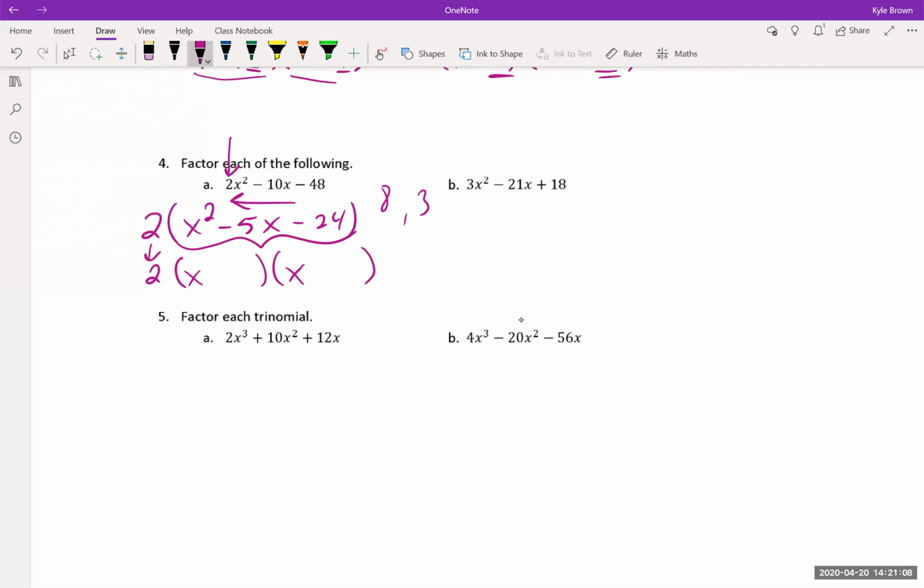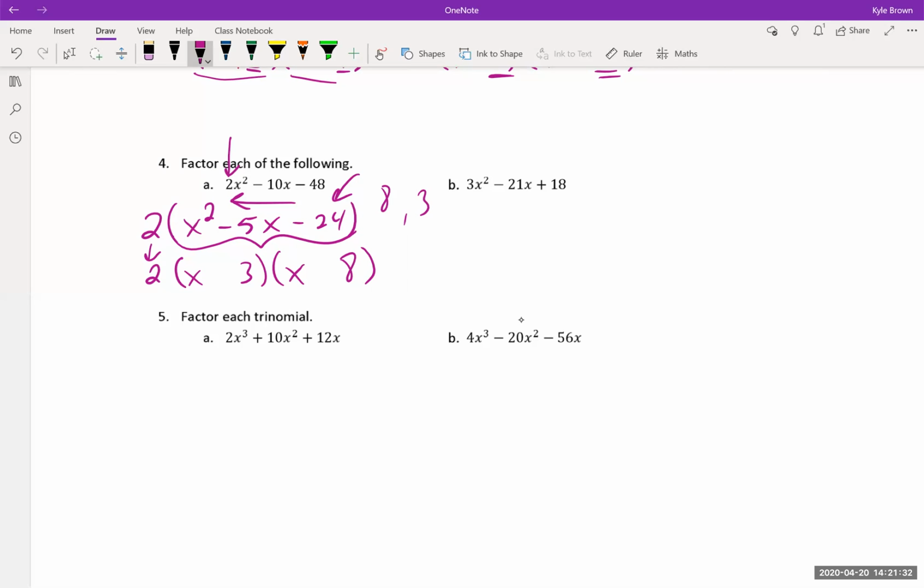So let's write them down. 8 and 3 are the two that we're looking at. And they need to multiply to a negative number. To multiply to a negative number, one's got to be positive and one's got to be negative. So we've got to figure out which one's which. In this case, there's only a 50-50 chance to mess this up.